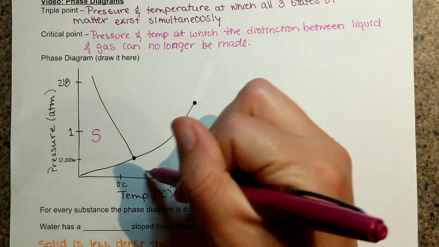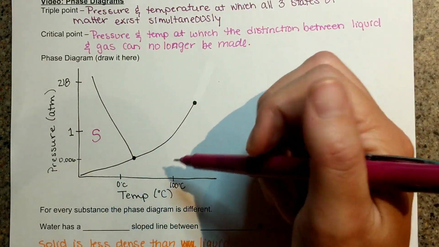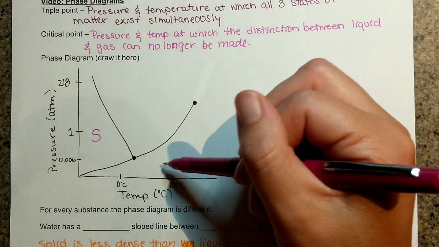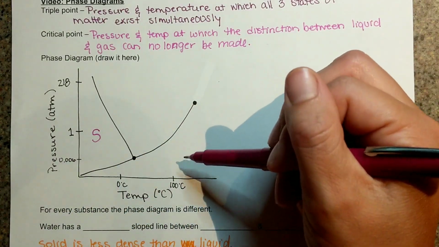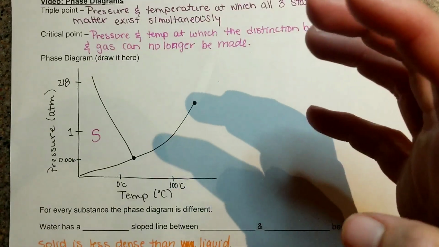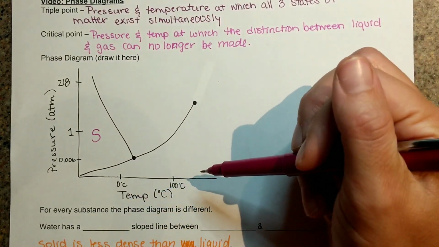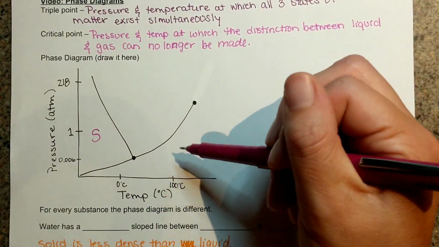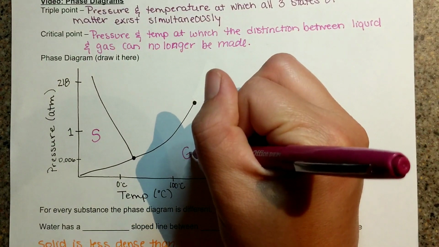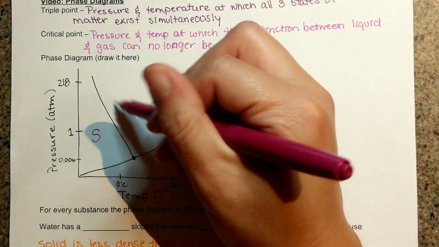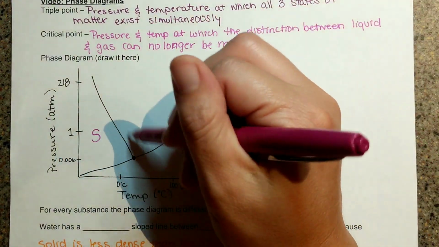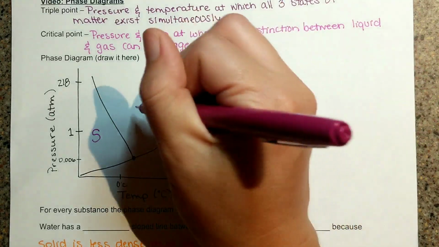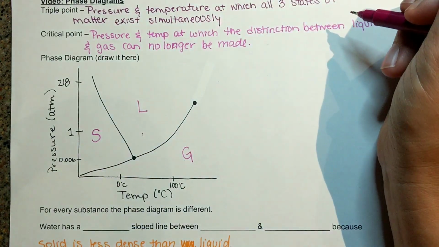My area here, this bottom part, is under low pressures and higher temperatures. A low pressure means that things can expand, and at higher temperatures, my state of matter is going to be a gas. In this middle area here, we're at varying pressures and temperatures. This is my liquid phase.